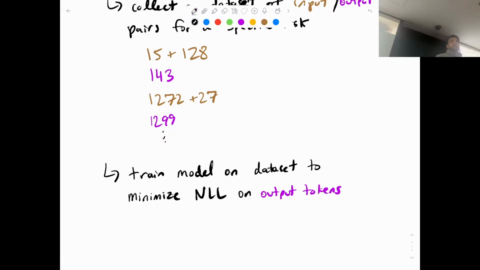So here, remember that in actual usage of a thing like ChatGPT, we expect the model to be provided with some user input, right? So in this case, it would be 15 plus 128. We don't want to do next word prediction on the input.